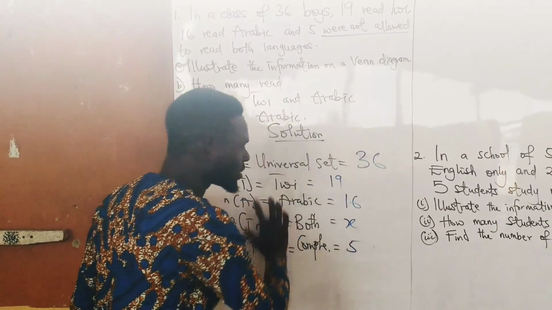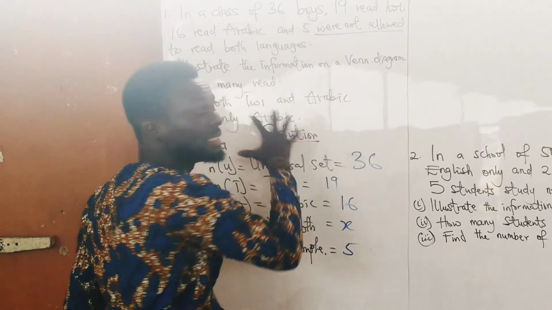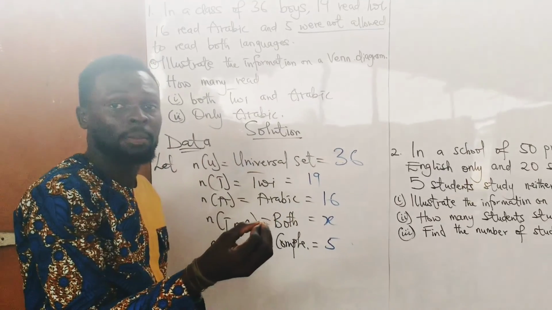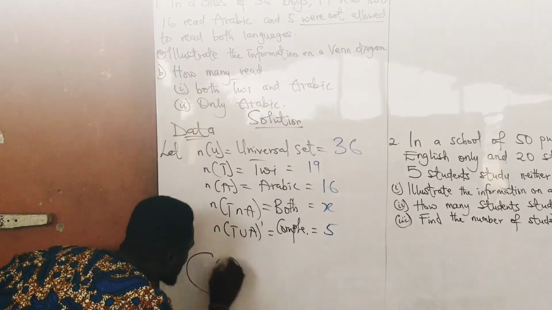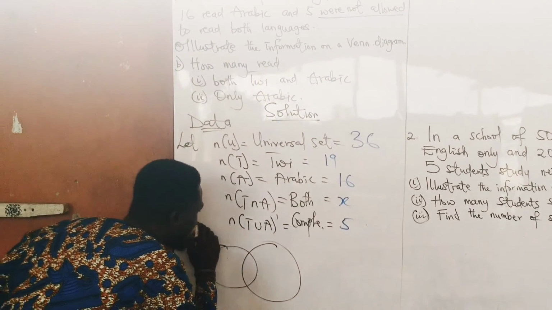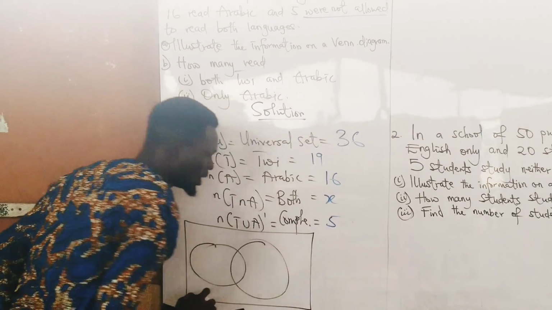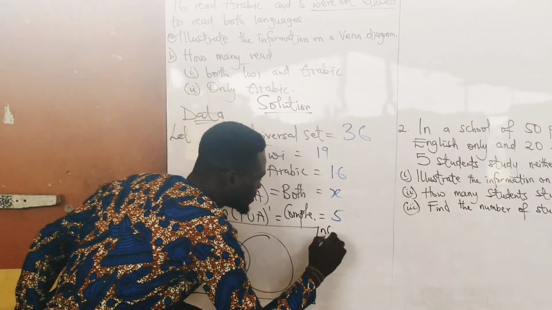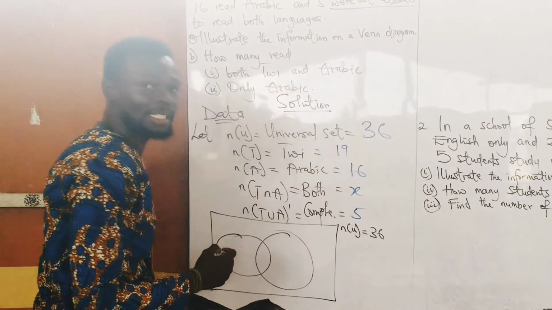So with this, we can now illustrate this information on a Venn diagram. And we know how to draw a Venn diagram. So we have two circles and a rectangle. To label this, our universal set comes here, the number U, and from our data we have 36.